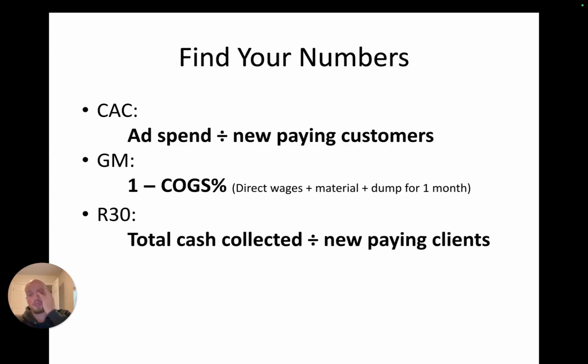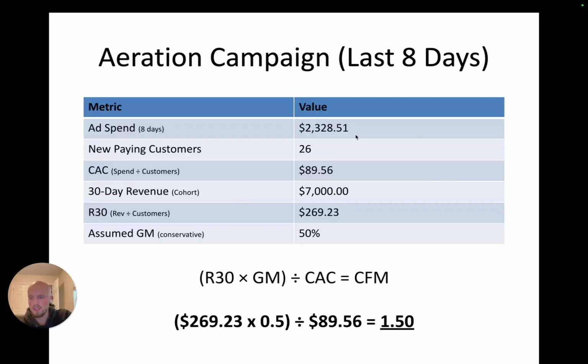Your gross margin we just covered: one minus the percentage that is direct wages, materials, and dump costs for 1 month. If you look at your P&L, you should see this at the top before you get into expenses. R30 is the total cash collected divided by the total new paying clients. So here's an example.